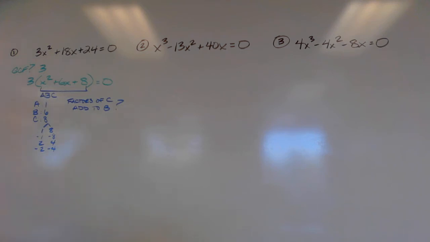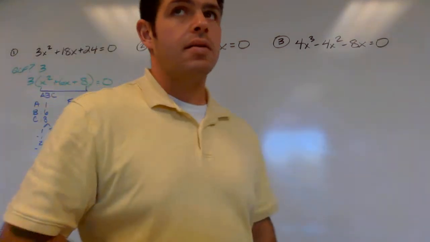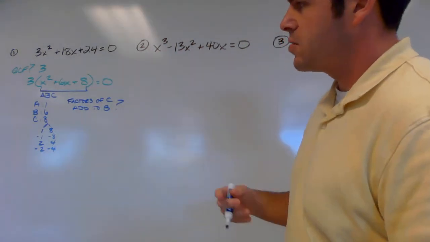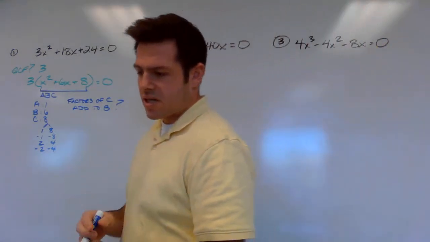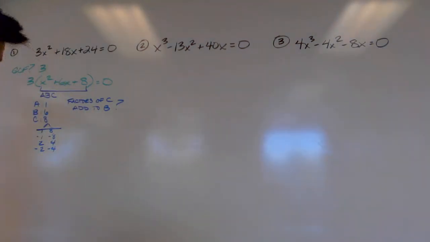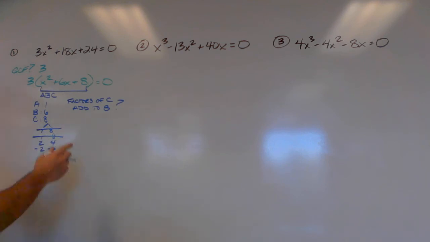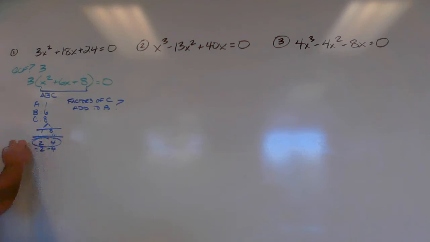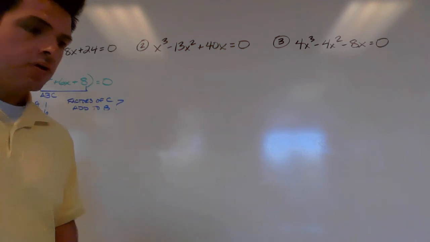I believe that's it when it comes to whole numbers being factors of the number 8. Of those sets, do any of them add up to 6? 1 plus 8 is 9. -1 plus -8 is -9. 2 plus 4 is 6. That does in fact add up to B and also multiply to C, so we're happy with the 2 and the 4.